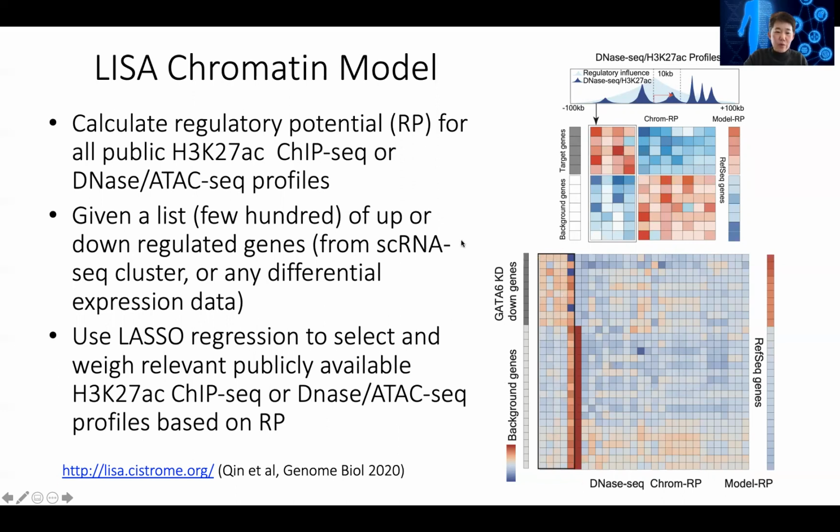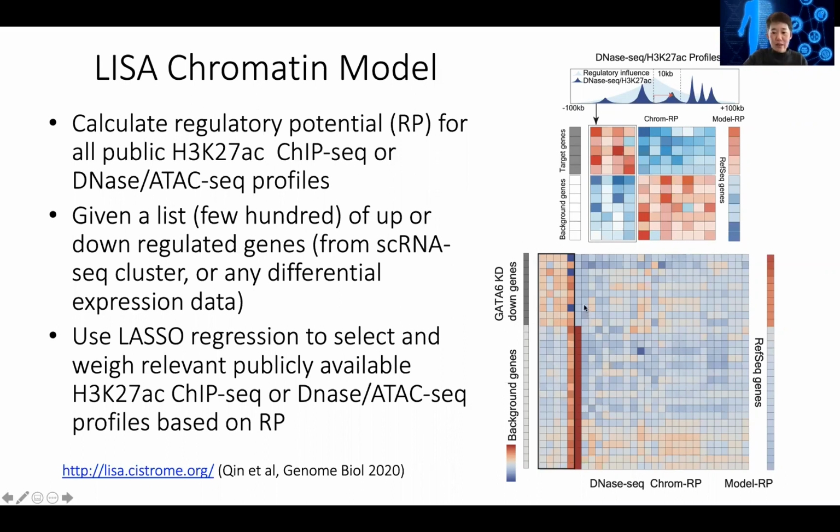And so we first run a regression model. We collect, say, the top 10 K27 or DNase profiles using a lasso regression so that the top genes agree with the differential input gene, the query gene list.